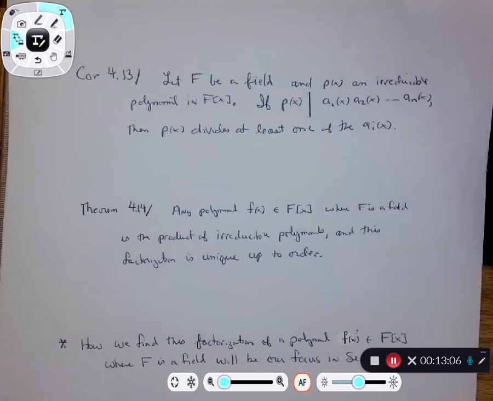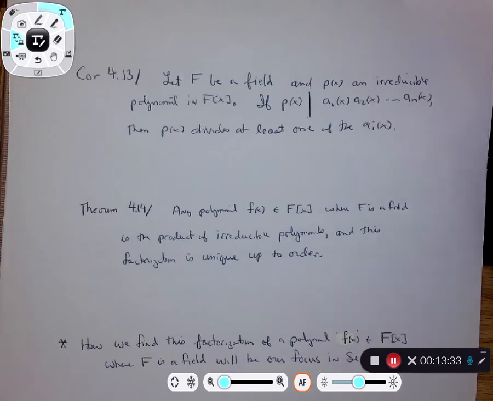Theorem 4.14 says this. Now, I restated Theorem 4.14 because it was a little more lengthy, but it's the unique factorization concept here. And it says this: any polynomial f of x, an element of big F adjoin x, where big F is a field, is the product of irreducible polynomials, and this factorization is unique up to order.